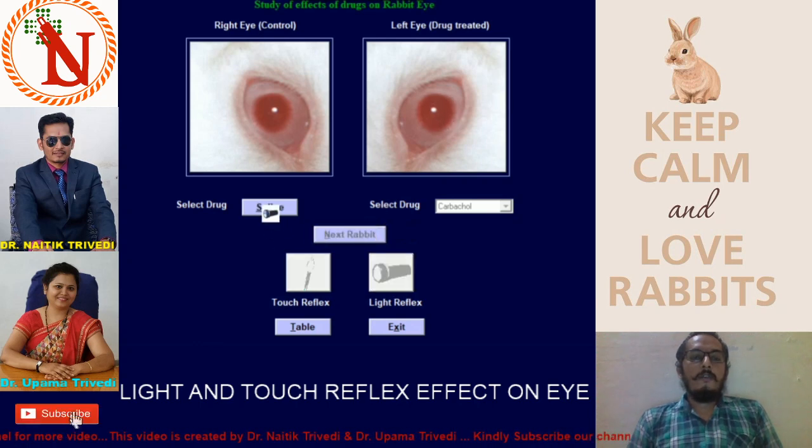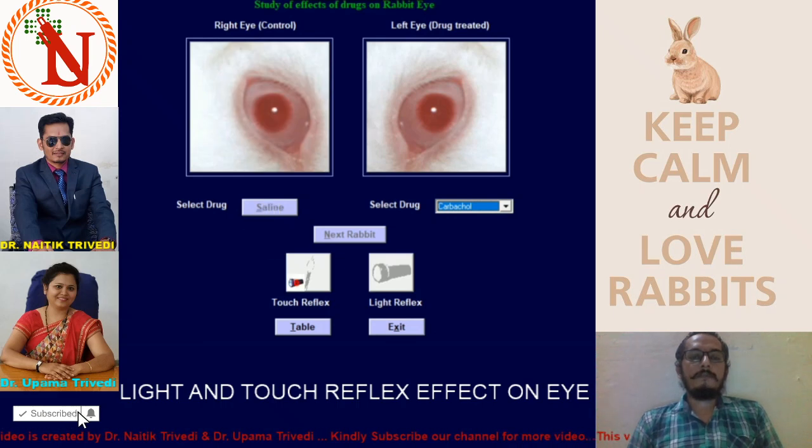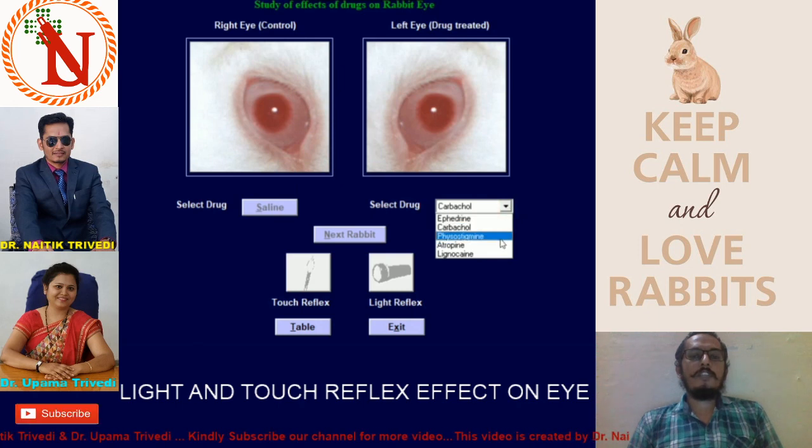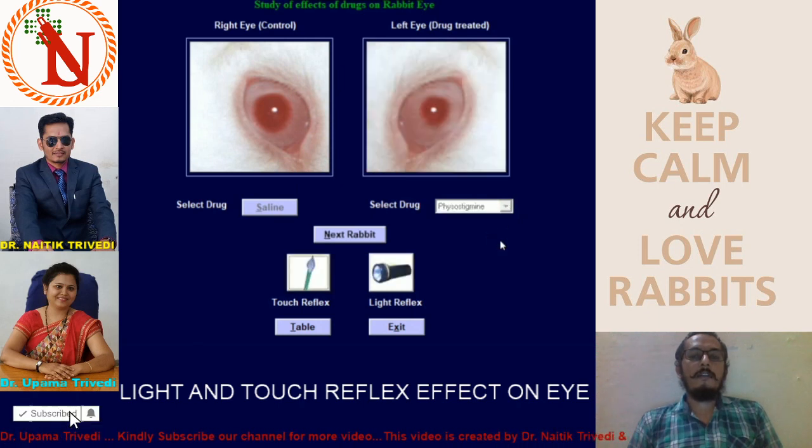Next, we are taking a new drug, which is physostigmine. Physostigmine is an anticholinesterase drug. It prevents the destruction of acetylcholine.